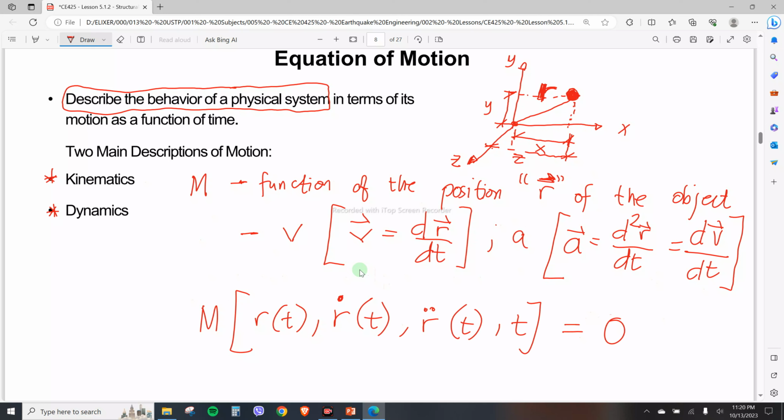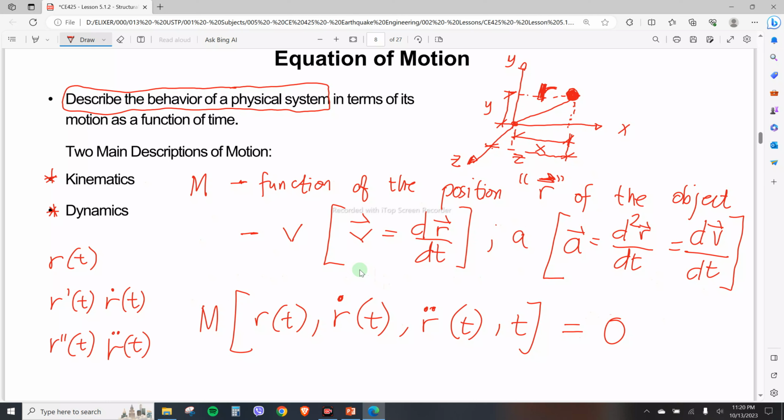You may be confused about the dot and double dot on top. It is just the derivative, right? If we have our position with respect to time, and then we differentiate it, we have the prime notation like r prime of t and then r double prime of t. Another notation we can use for the derivative is the dot, r dot of t, and then we also have r double dot of t.